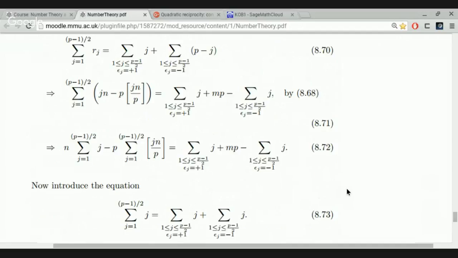But this isn't the number jn over p, it's the largest integer less than jn over p. We can't cancel because there's a bracket in the way. So it's not exactly jn over p.